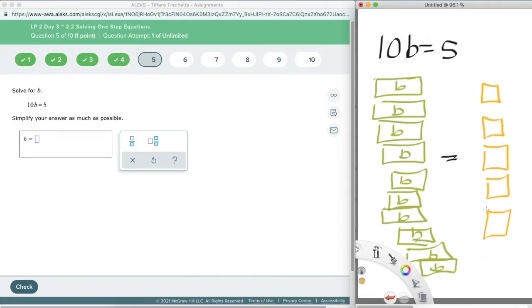So this is where it gets a little confusing if I'm trying to use the algebra tiles with division, because in this case, every single one of the B's needs the same number of tiles. So if I start trying to divide this up and I go, well, each one gets 1, well, I run out right away, right?